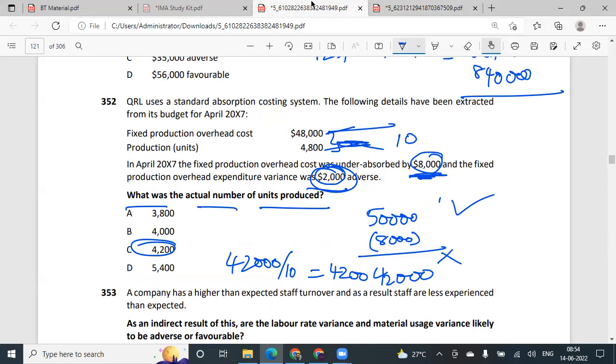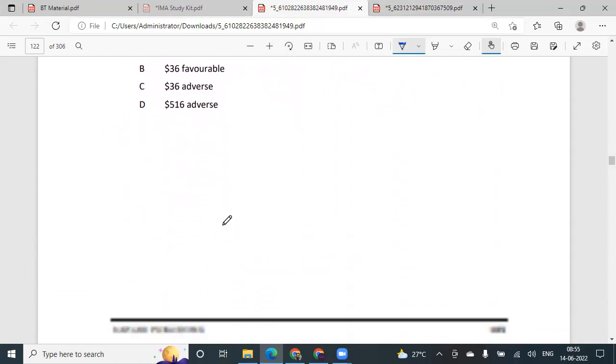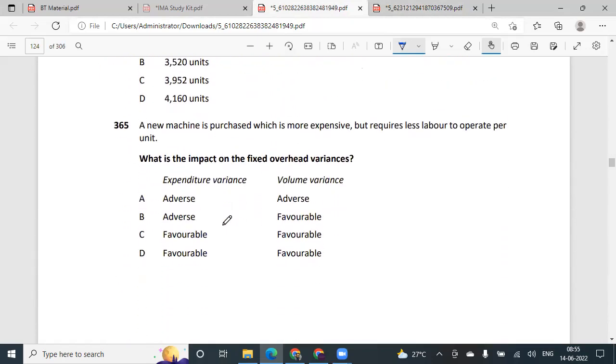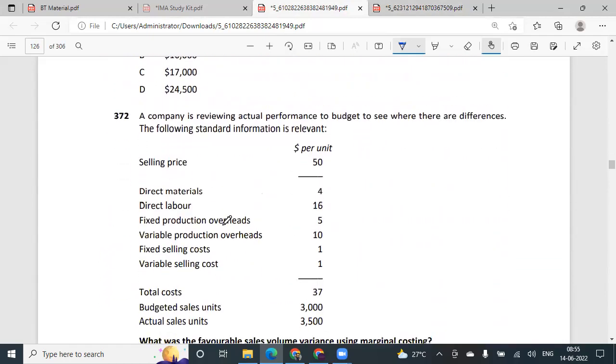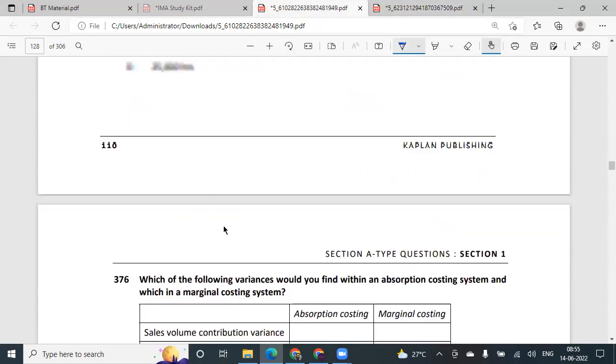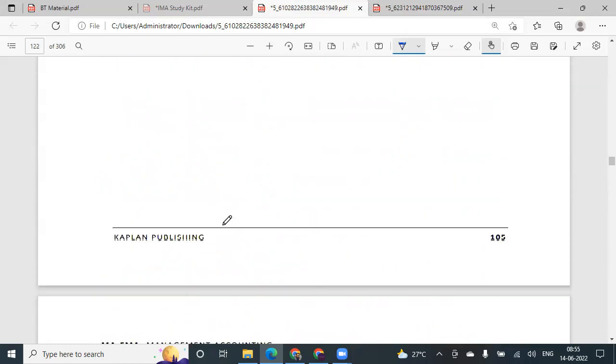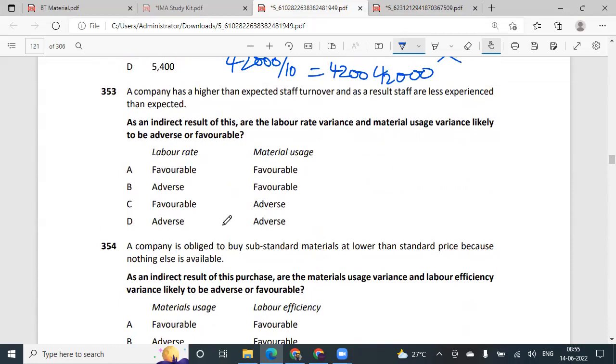Alright, so we have been doing these questions, but I want you guys to do them. These are some theory questions and some on actual rate. I want you to do these questions, from here until question number 376, at least try before tomorrow's session. You have 24 hours to do this. You can look at the answer also, but try doing it by yourself. In tomorrow's session we will continue these questions, and also move to the big 10 mark questions that will come in Section B for standard costing.